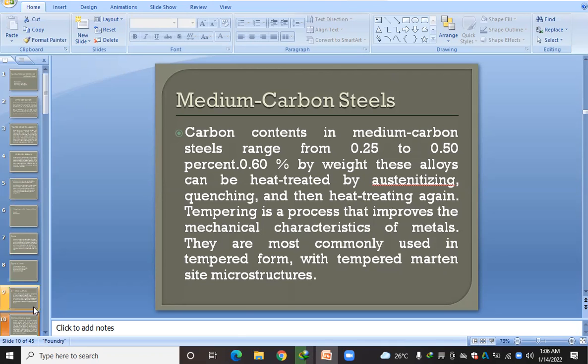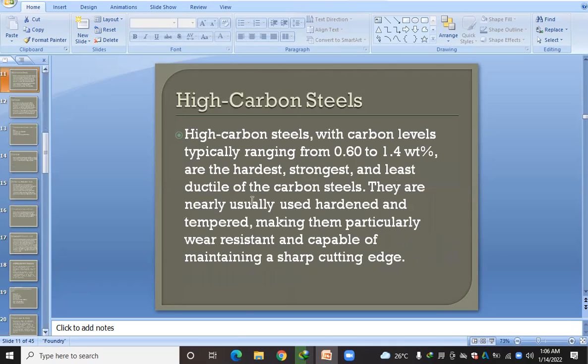So next is high carbon steel. High carbon steels, with carbon levels typically ranging from 0.60 to 1.4 weight percentage, are the hardest, strongest, and the least ductile of the carbon steels. They are nearly always used hardened and tempered, making them particularly resistant to wear and capable of maintaining a sharp cutting edge.